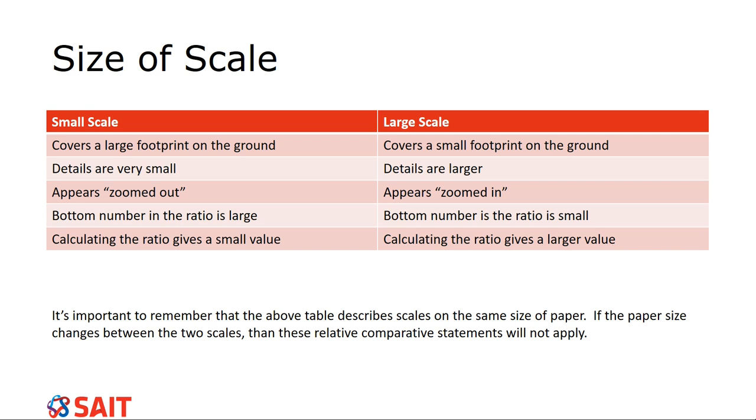So if I have to move to a smaller paper, I'm going to move to a smaller scale. You can't increase your scale, because if you increase your scale size, it's going to fall off the paper. If you reduce the scale size, it means you're making it smaller, you're zooming out, and therefore it's going to fit on the paper.